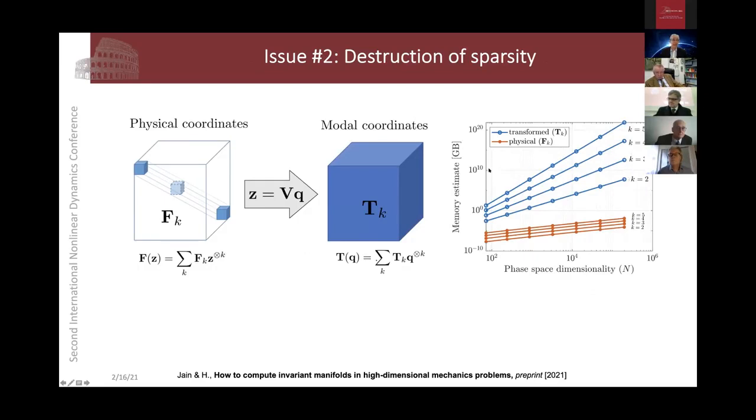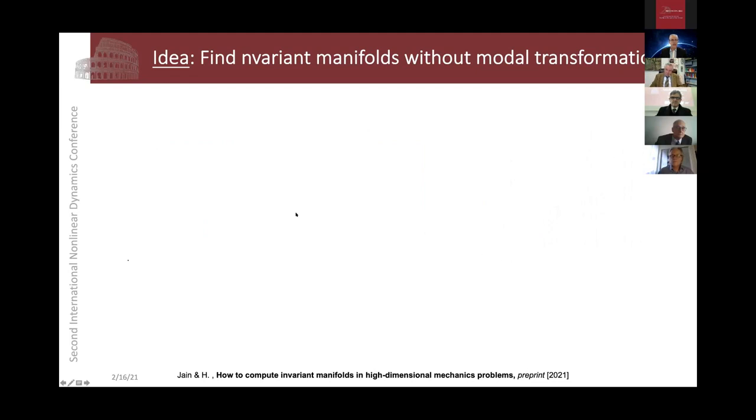This is gigabytes, right? And 10 to the 20 if you wanted order 5. At the same time, if you left it in original coordinates and didn't transform them, then you would have very manageable times. And so this problem, even though the setting is beautiful, was unmanageable.